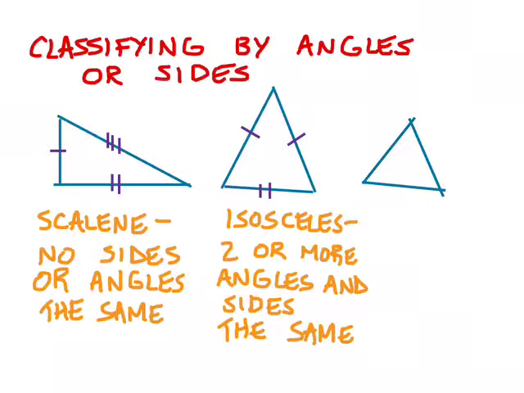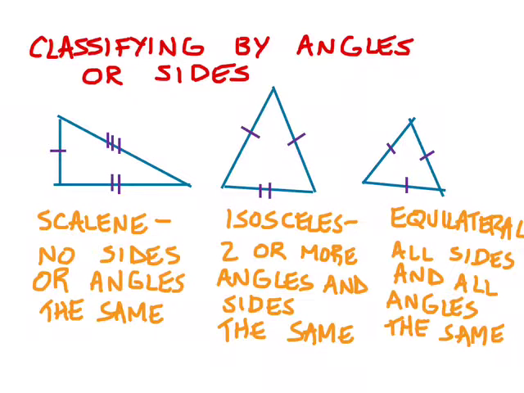Our final triangle over here is intended, probably isn't actually this way, but it's intended to be that all the sides and all the angles are exactly the same. And this is an example of an equilateral triangle. So in an equilateral triangle, all sides and all angles will be congruent, or the same.